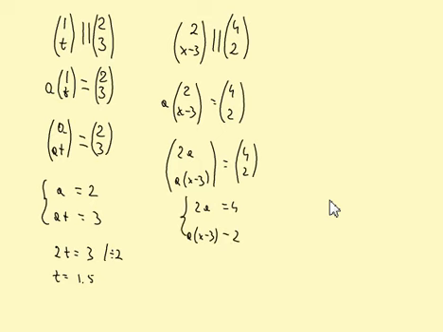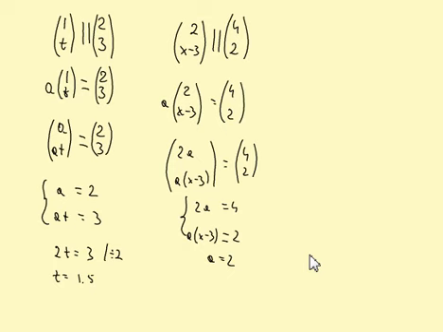Here we have a system of equivalent equations. So here we find the value of a. a is 2, by dividing both sides of the first equation by 2. And now we plug the value of 2 into the second equation.